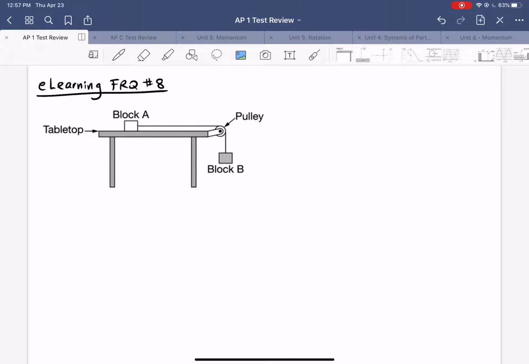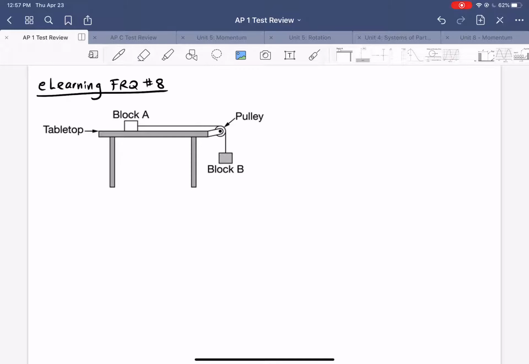All right. So the problem I'm going to discuss today deals with these two blocks, one sitting on a tabletop, and the two blocks are connected with a string which is draped over this pulley here. This is actually what we would call a modified Atwood machine. Anytime you have two or more blocks connected together with a string or rope and there's pulleys involved, usually that's some kind of Atwood machine.